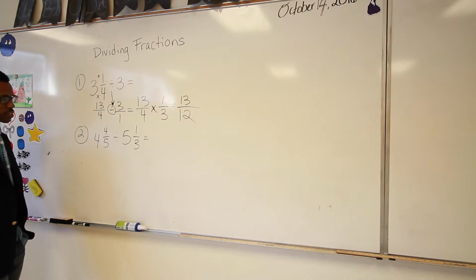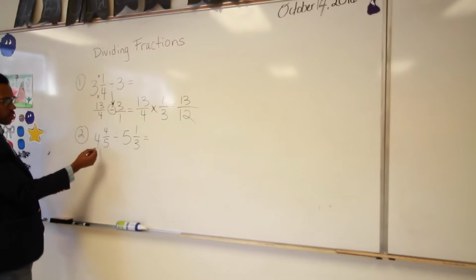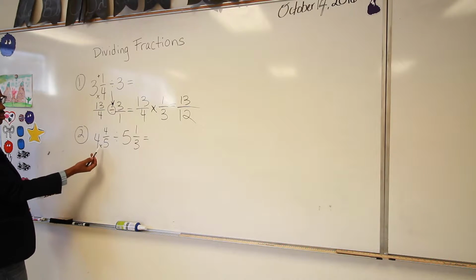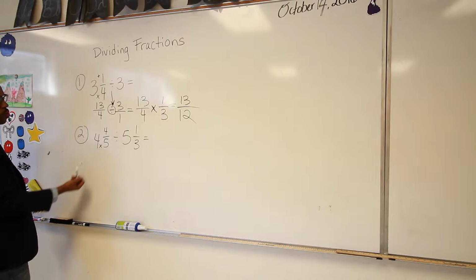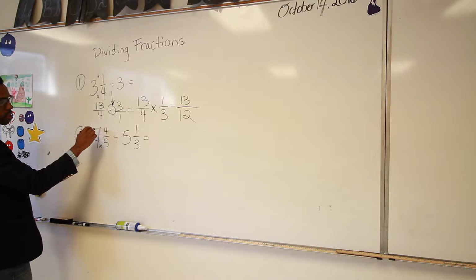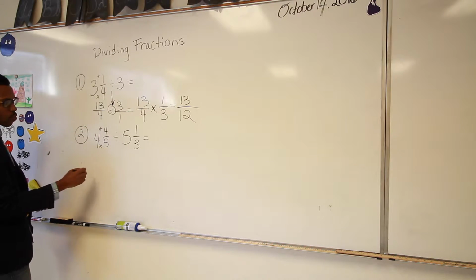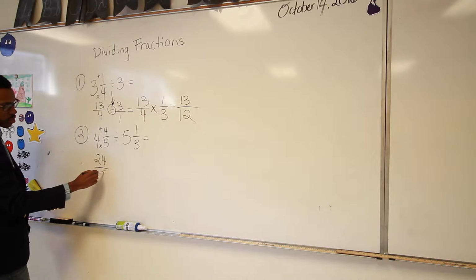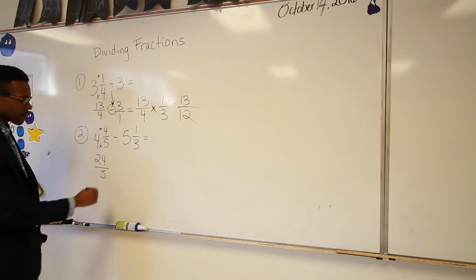Number 2 on your worksheet. Again, we want to change this mixed number into an improper fraction. 5 times 4 is 20. Plus 4 is going to give me 24. And I'm simply going to carry the same denominator of 5.